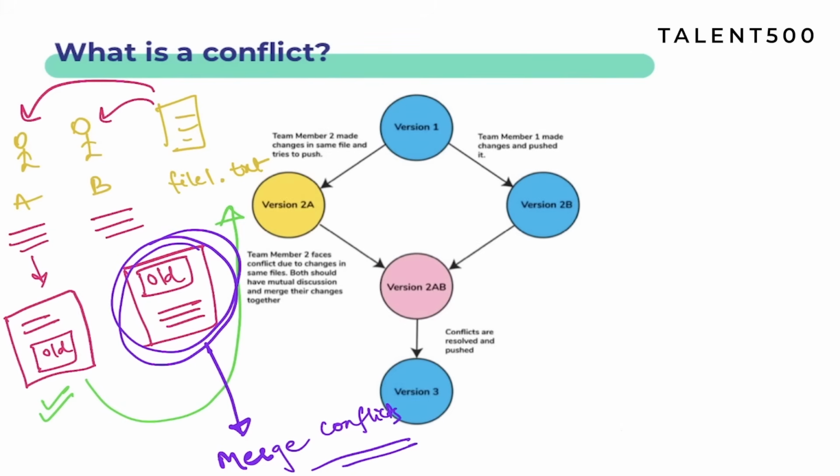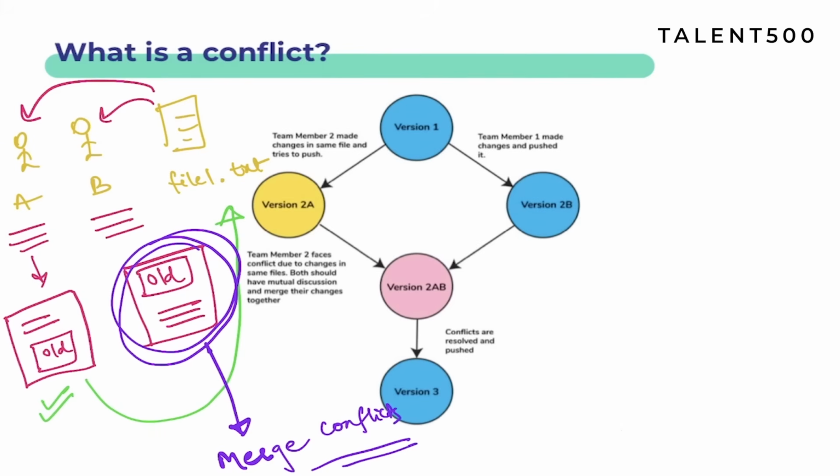So if that file has been updated, what do we have to do? First, he has to take the updated file, and on that updated file, he should make the changes. If he follows that, in such a case, he is good to go with all the conflicts, right?